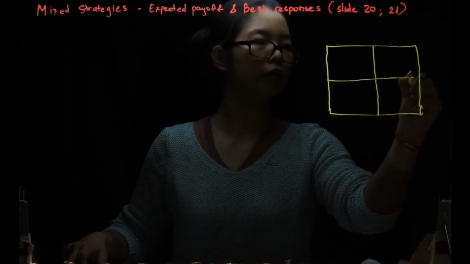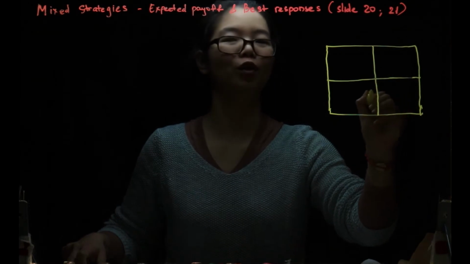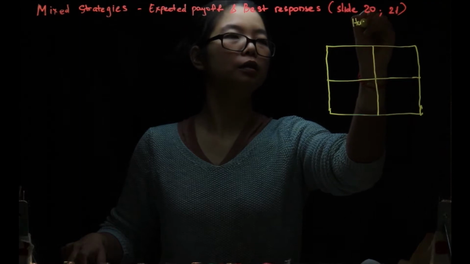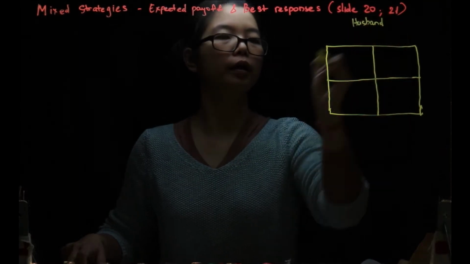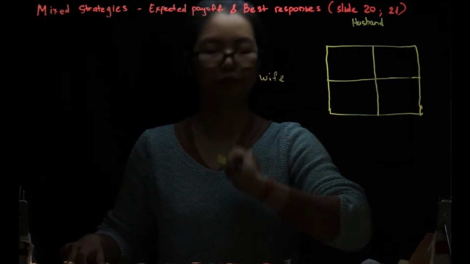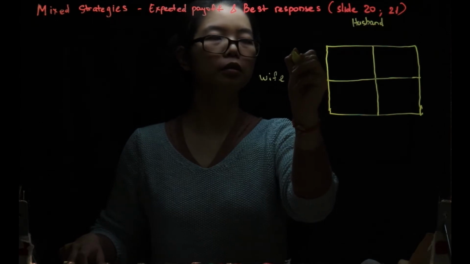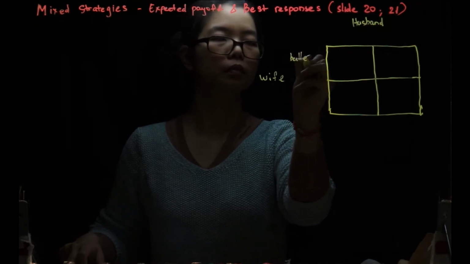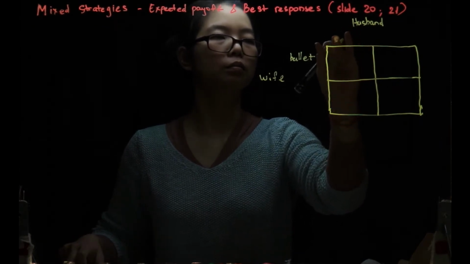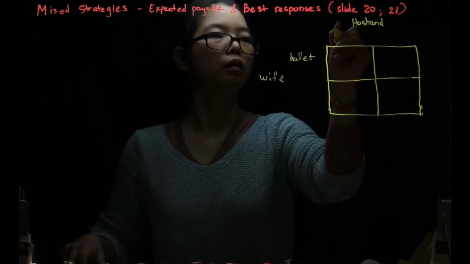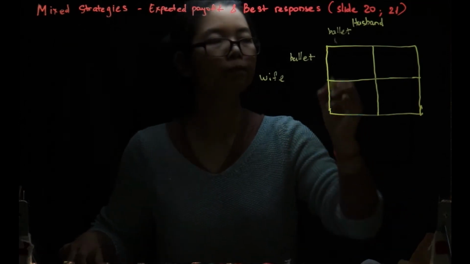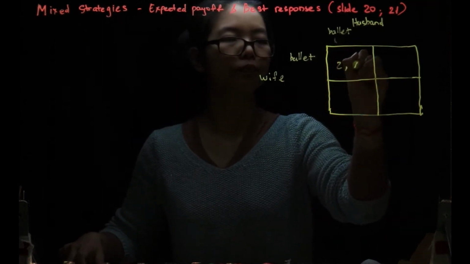I cannot draw straight because I'm a little exhausted. So here, let's say for the husband, and here for the wife on the vertical. Now you have Bartlett and Bartlett. So the payoff is 2, 1.